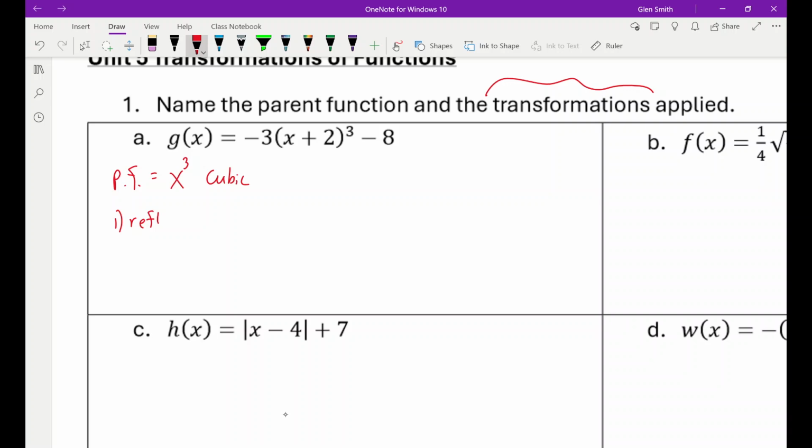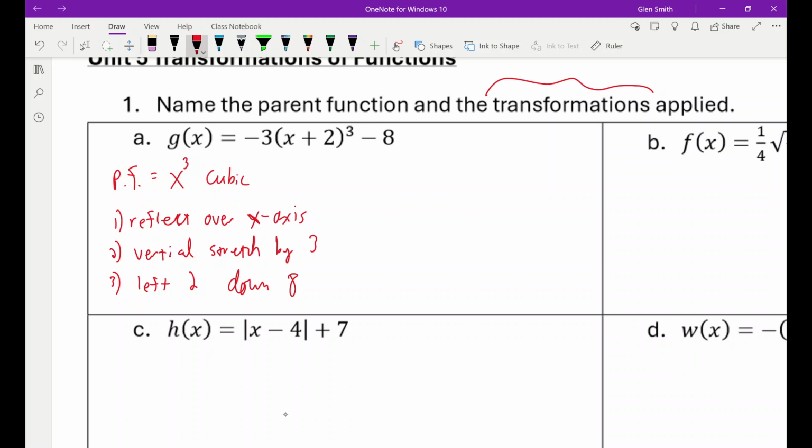It reflects over the x-axis because it's negative. It vertical stretches by a factor of 3. And then it translates it left and down. So it's left 2, down 8. That's what that does.